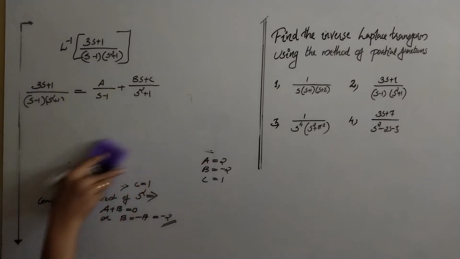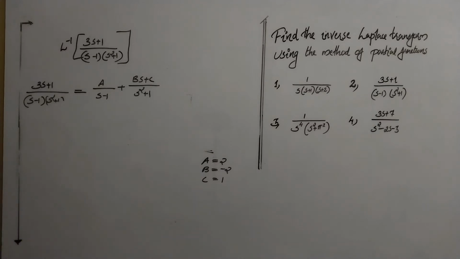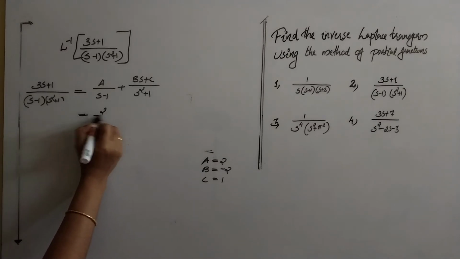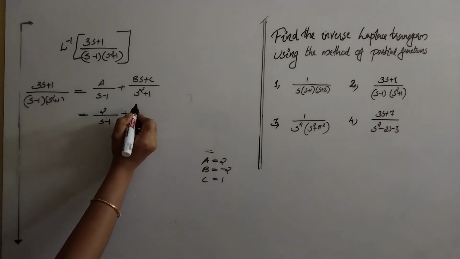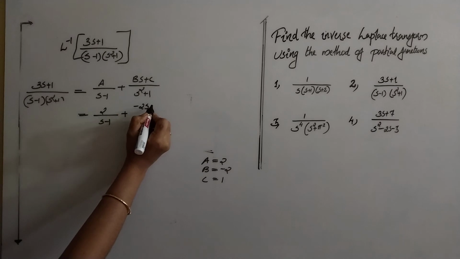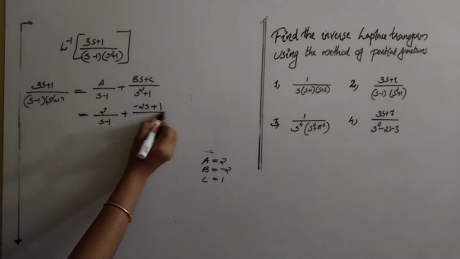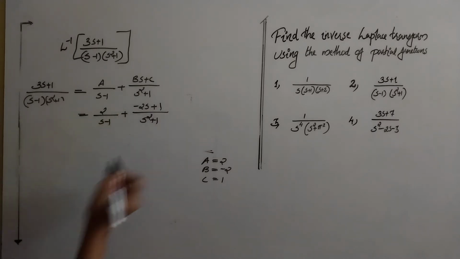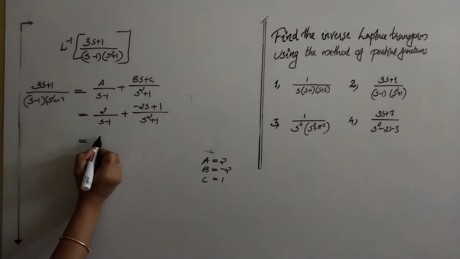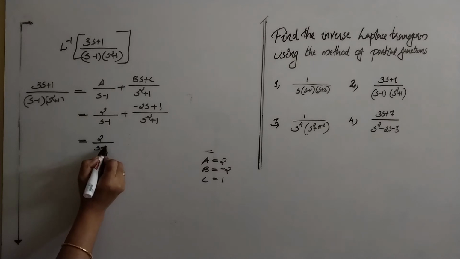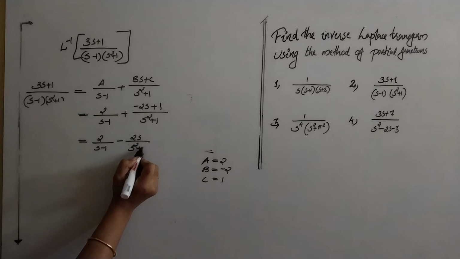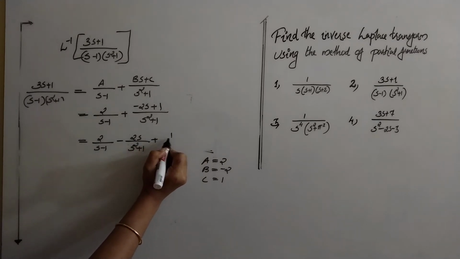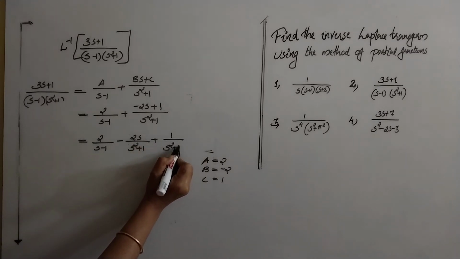So this becomes 2 divided by s minus 1 plus b is minus 2, minus 2s plus 1 divided by s square plus 1, or 2 divided by s minus 1 minus 2s divided by s square plus 1 plus 1 divided by s square plus 1.